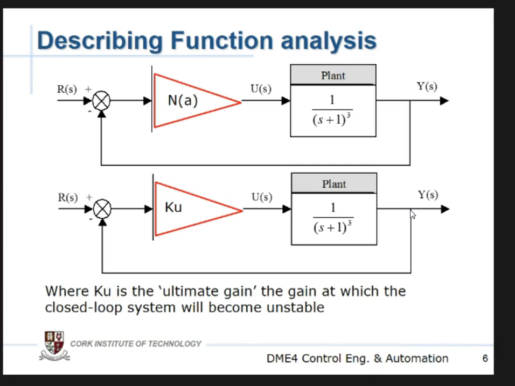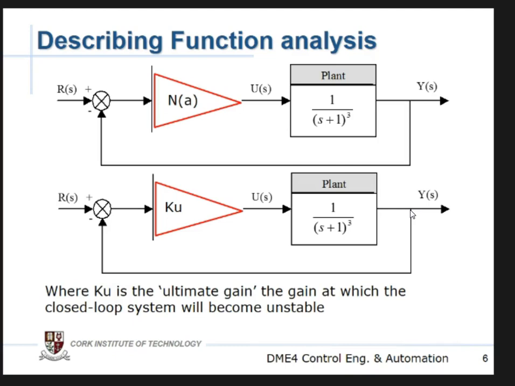So the idea, in terms of our describing function, is that we can replace the relay with a linear element, where the gain is equal to 4 times m over pi times a. And we also know that when we do that with our relay, my closed loop system is going to oscillate. So if we think of the equivalent linear system, the gain at which it's oscillating is what we call the ultimate gain. So if we have a linear system which is oscillating, the proportional gain which causes that to happen is called the ultimate gain.